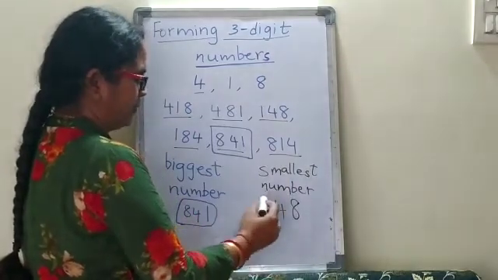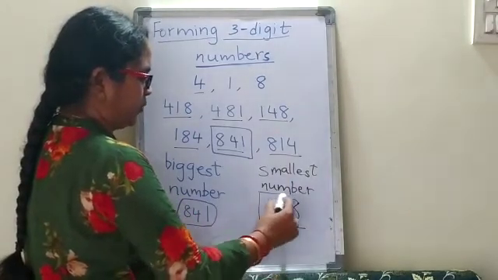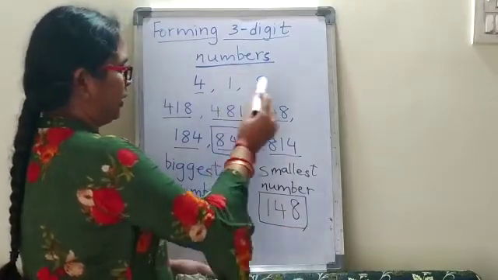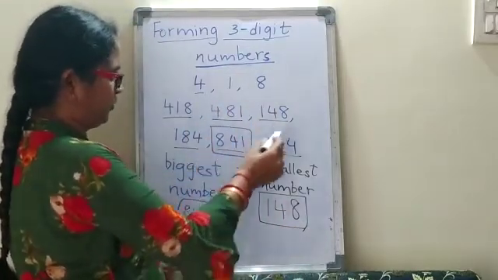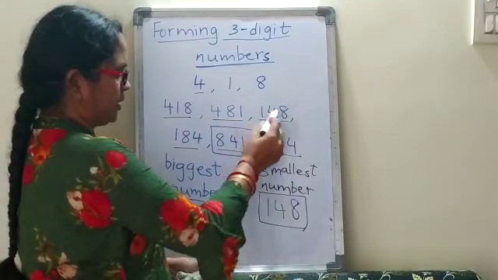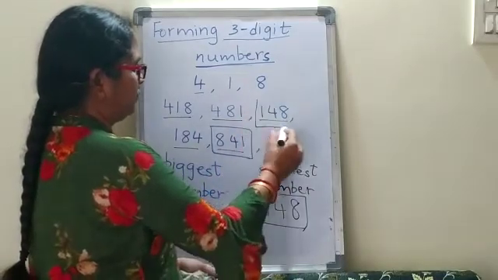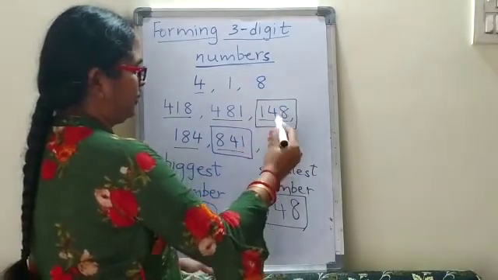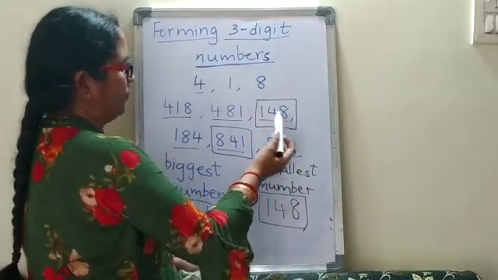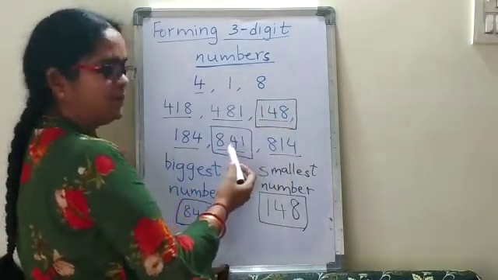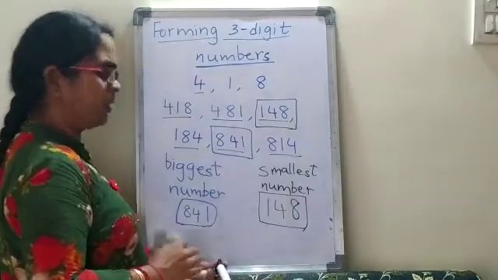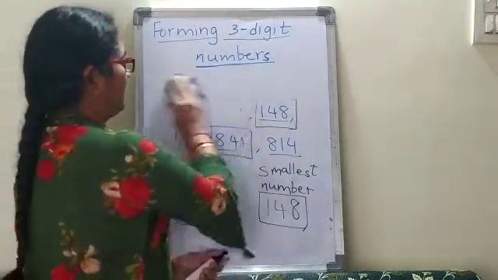So when we write like this, we get the smallest number that can be formed using 4, 1, 8. So here also you have 148, check for it. Yes, here it is. So here you have 148, which is the smallest number that can be formed using these 3 digits, and this is the biggest number. So like this you can form different 3-digit numbers.